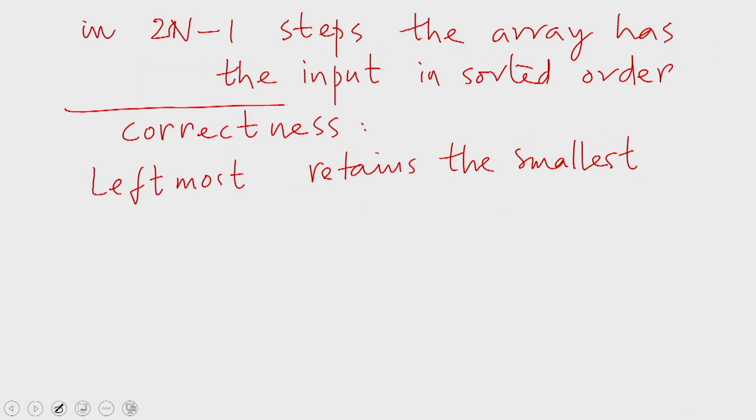Therefore, we can conclude that the second leftmost processor retains the smallest of the elements that it gets to see, which happens to be the second smallest element.